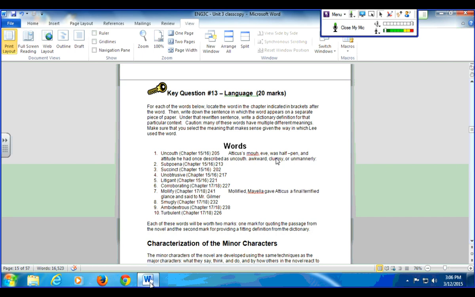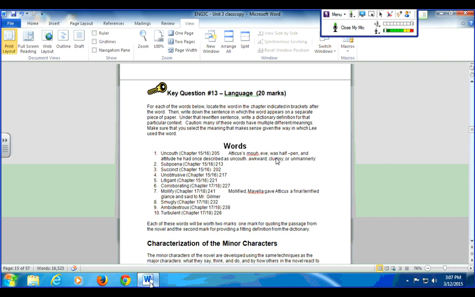So that's what this assignment was looking at. So you had to define and locate in the novel 10 words. Now we did 2 of them together. We did number 1, which is uncouth, and we did number 7, which was mollify.